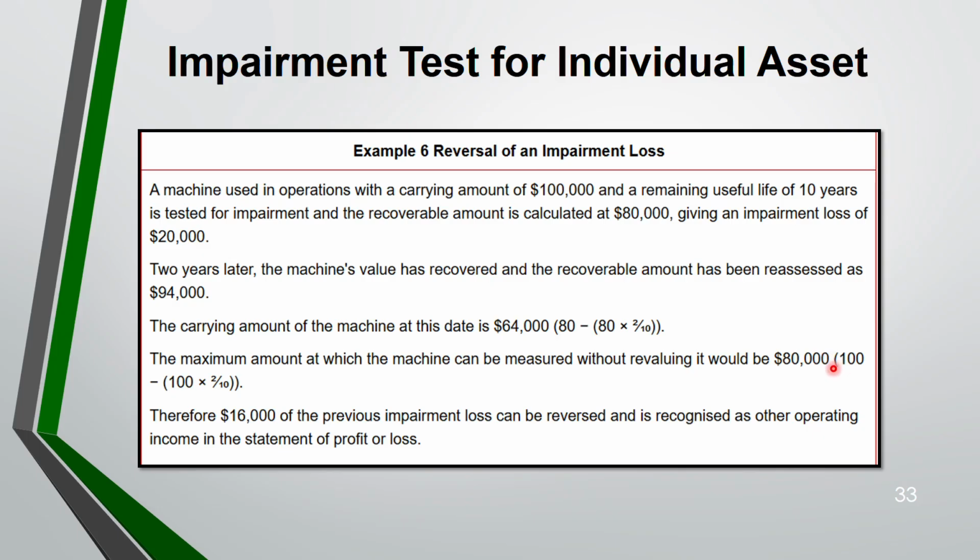So what's happening out of this 20,000? Therefore, only 16,000 of the previous impairment loss can be reversed. If you compare the two, 64 and 80, the maximum is 80. The difference, 80 minus 64, is 16. Therefore, out of the 20,000, 16,000 of your previous impairment loss can be reversed, and it is recognized as other operating income in your statement of profit and loss. Please understand.